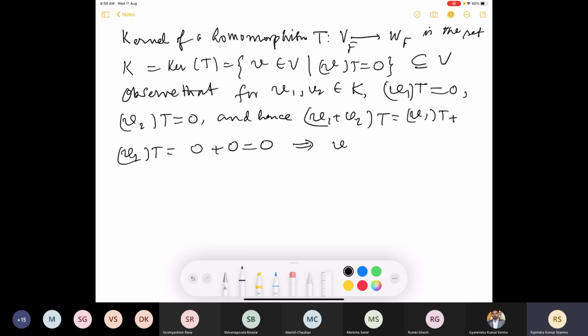And this implies that v1 + v2 is also in the kernel.